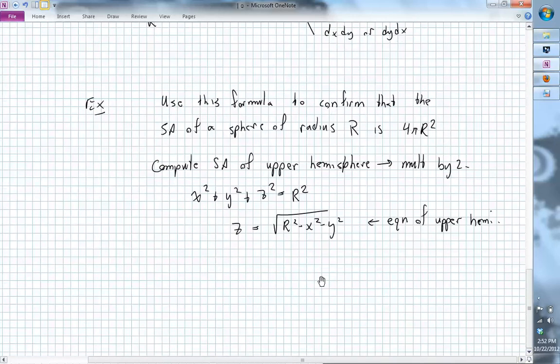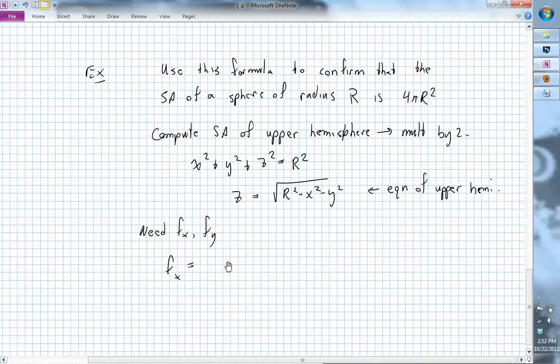So to apply this formula, we need f sub x and f sub y. Let's do f sub x. Lots of chain rule here. One half times R squared minus x squared minus y squared to the negative one half, times, by the chain rule, negative 2x, which simplifies to negative x over the square root. Simplifies to that, right?